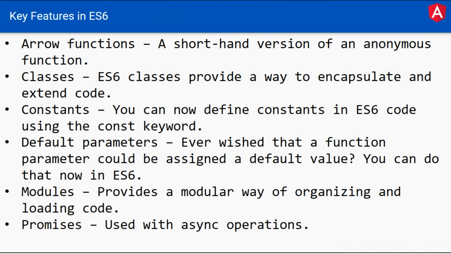Okay, what are the key features in ES6? It has arrow functions, short anonymous functions, and more importantly, it uses classes. I showed you how to write classes using TypeScript. And constants that are provided, default parameters, modules, promises. These are not relevant to this session, but I just wanted to highlight what the new releases in ES6 are.